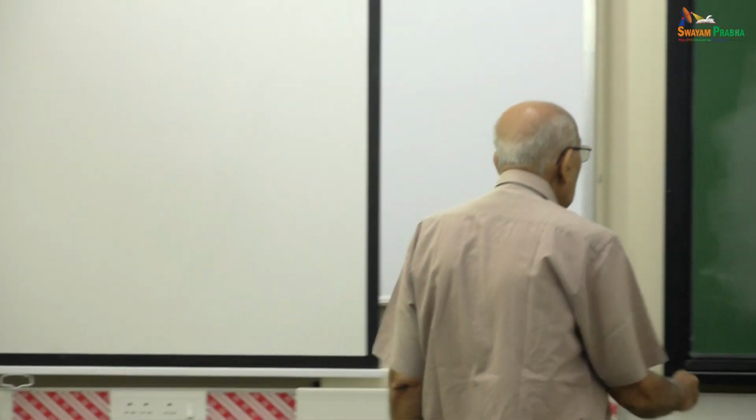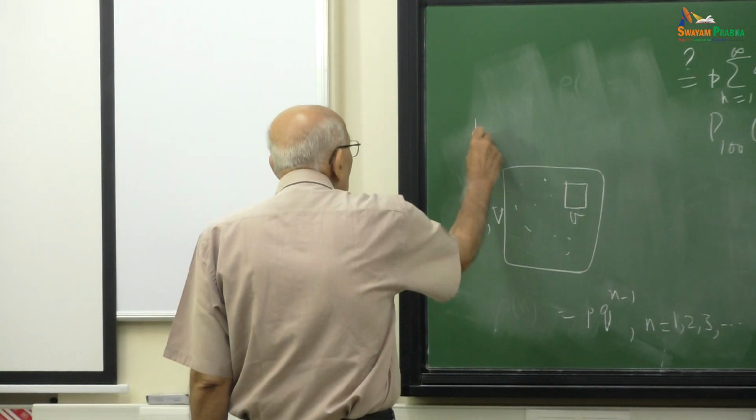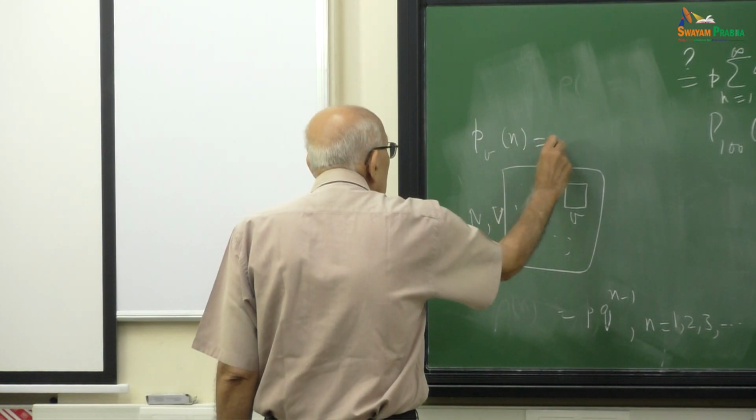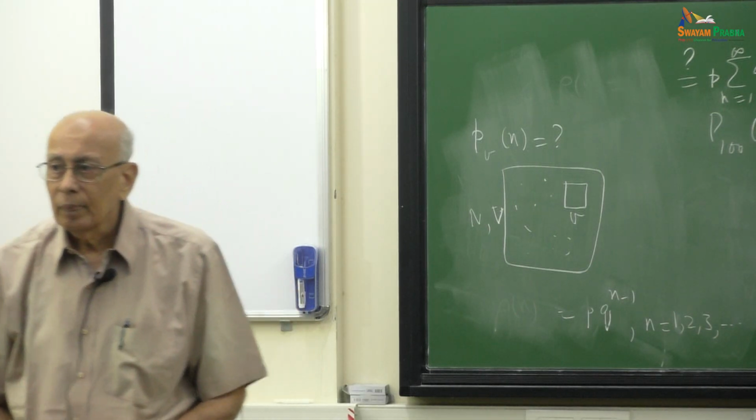I have a total number of molecules N. And I want to know what is the probability that in this little v there are n molecules at any instant of time. I freeze the particles at some instant of time hypothetically, and I say, what's the probability that this sub-volume v, which is much smaller than capital V, contains exactly n molecules?